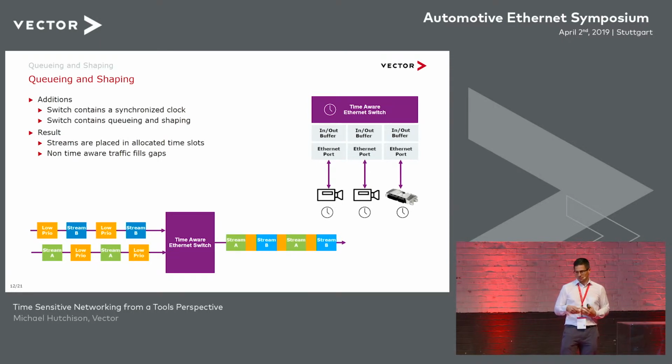And what we see then is that the switch can now put those packets on the line at the right time, and we get a very low and constant latency through the switch with very little variation. It makes the network a lot more deterministic. And the non-time-aware traffic is going to go and fill in the gaps for us. We essentially aren't going to have any loss as long as we're not oversubscribing the line. It's generally going to work fine.